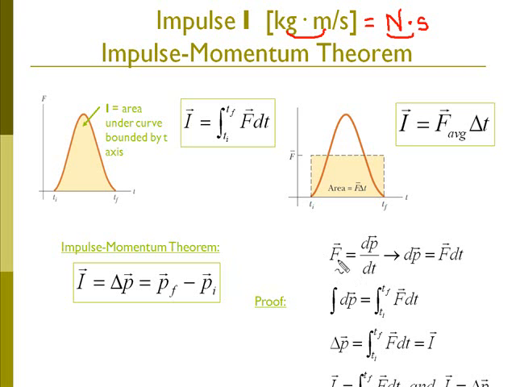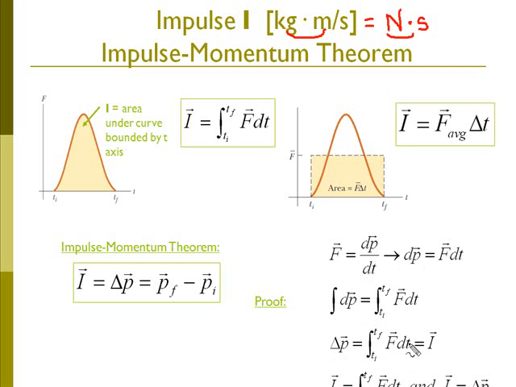We start out with force equals derivative of momentum over time, which we saw earlier can express Newton's second law. We rearrange the terms so that we have dp equals F dt. Take an integral of both sides. The integral on the left of dp becomes delta p.